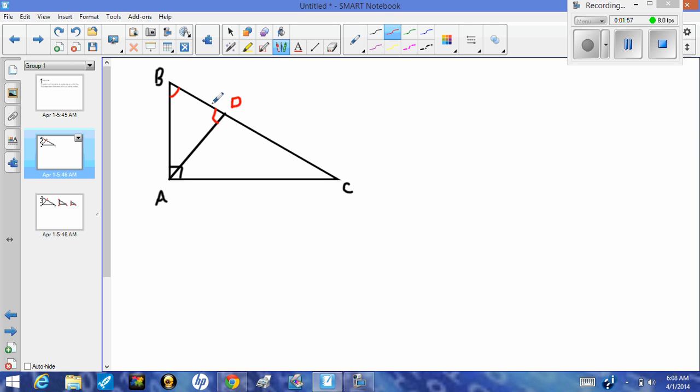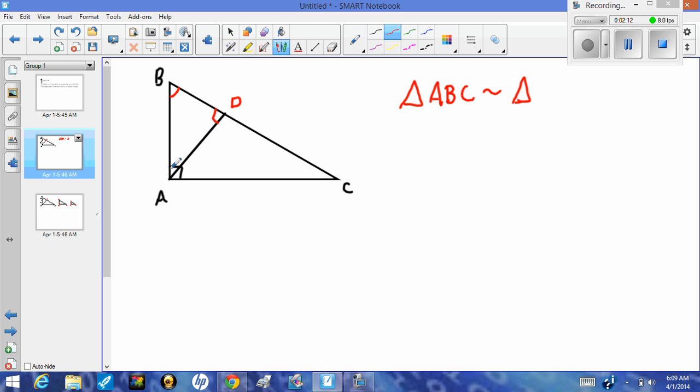It's the same angle. So we can say triangle ABC is similar to triangle. We've got to get the statement right. We've got to match up corresponding angles.